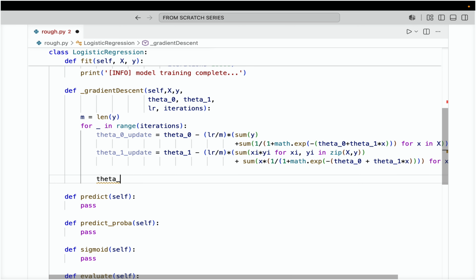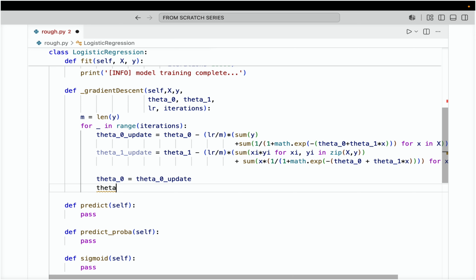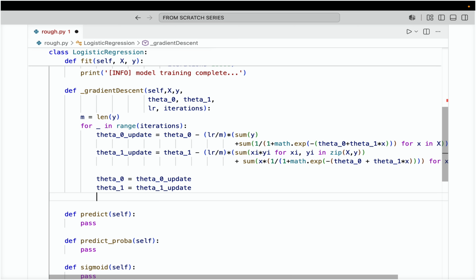Let's update theta 0 to be theta 0 update. And theta 1 will be theta 1 update.